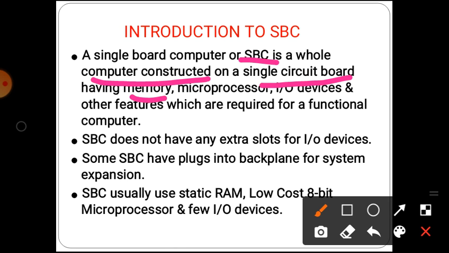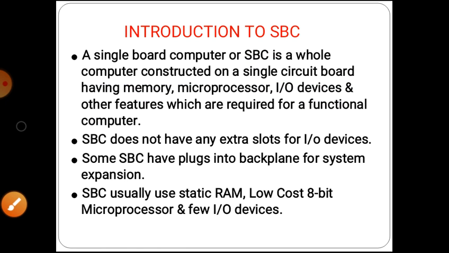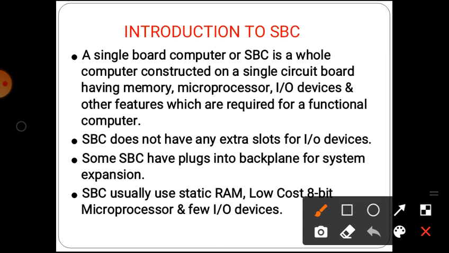SBC does not have any extra slot to connect I/O devices.